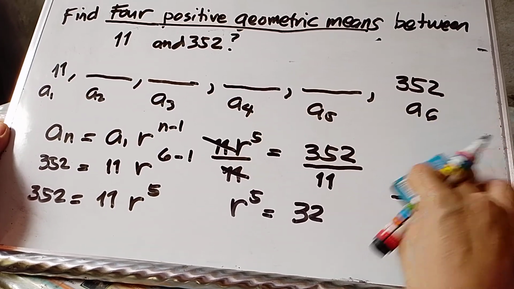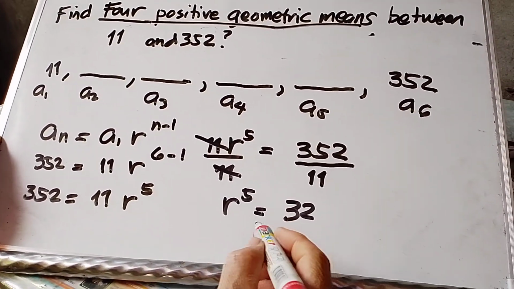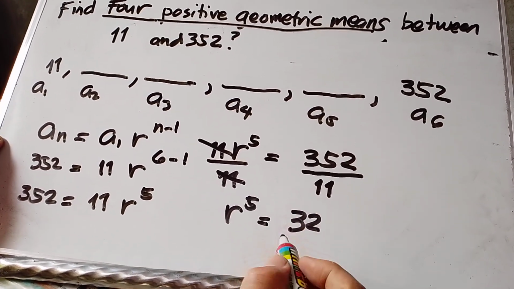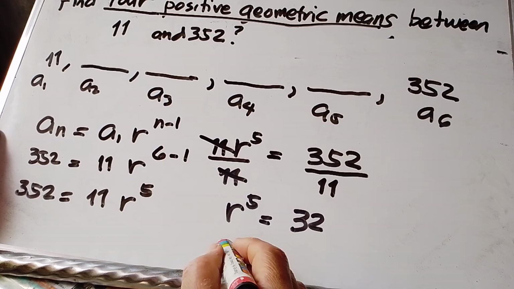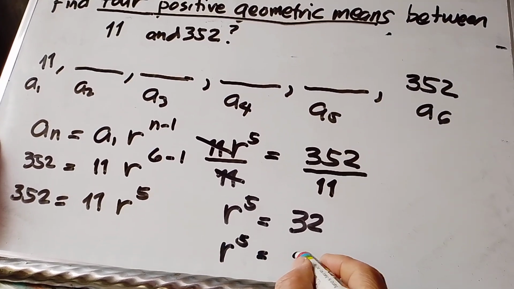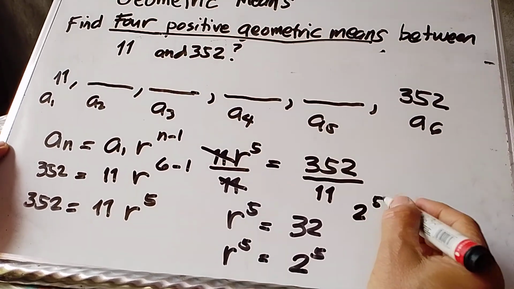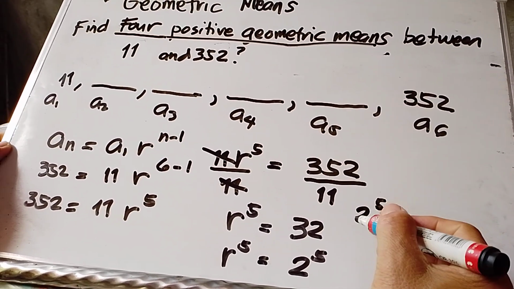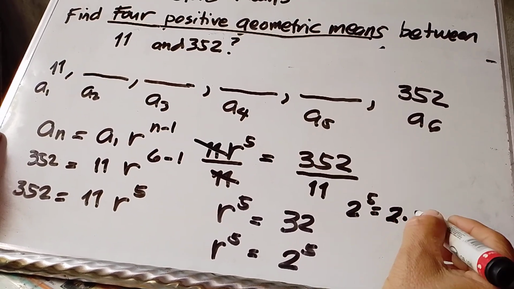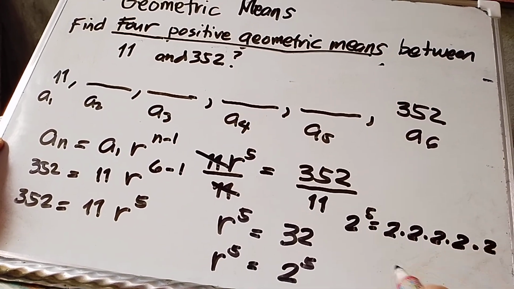But we need r, not r to the 5th. So how to solve this one? Think of a number that can be raised to the power of 5 to give 32. Let's try 2 to the 5th power. What is 2 to the 5th power? Meaning, I need to multiply 2 by itself 5 times: 2 times 2 times 2 times 2 times 2.